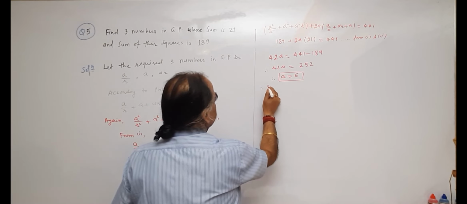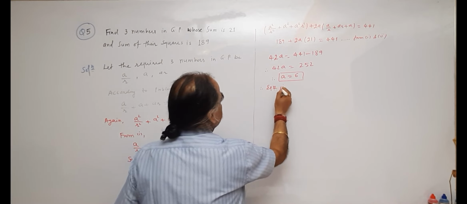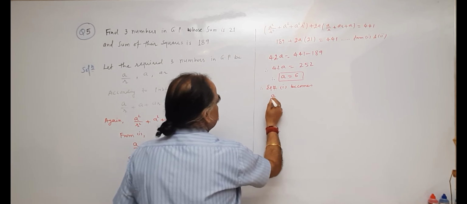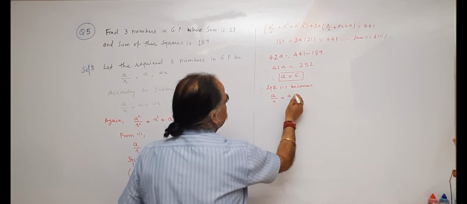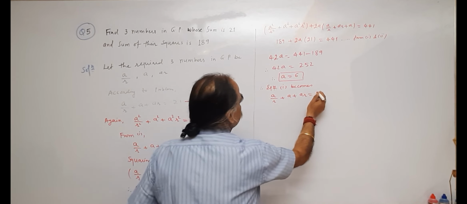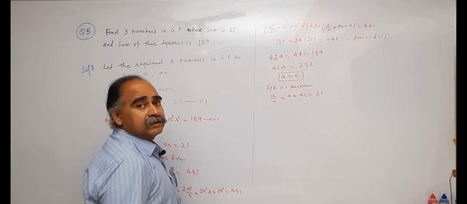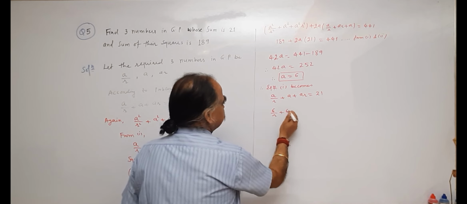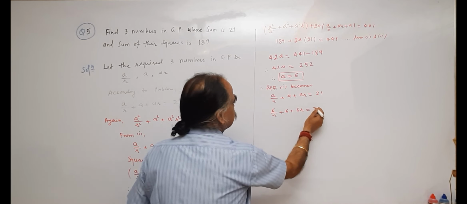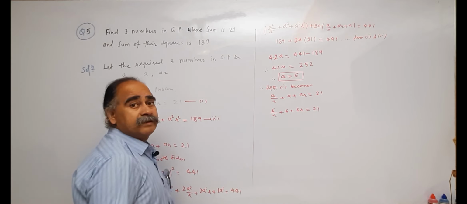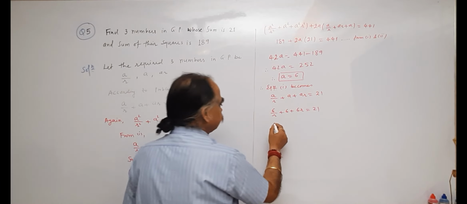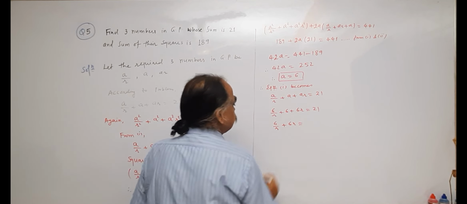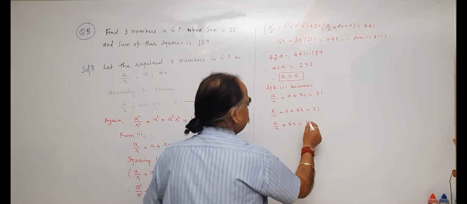Therefore equation 1 becomes A upon R plus A plus AR is equal to 21. A we got 6, so 6 upon R plus 6 plus 6R is 21. Transfer 6 to that side: 6 upon R plus 6R is 21 minus 6, which is 15.